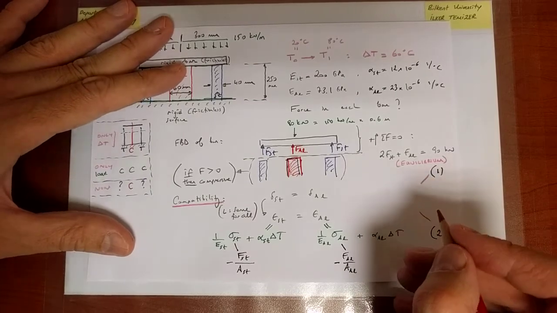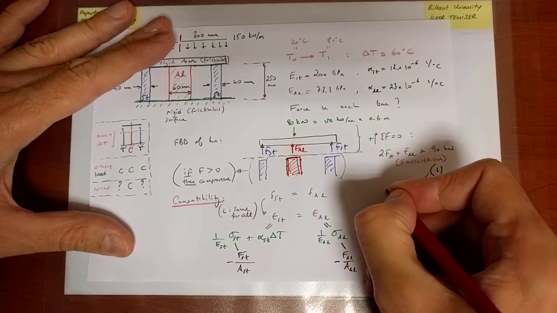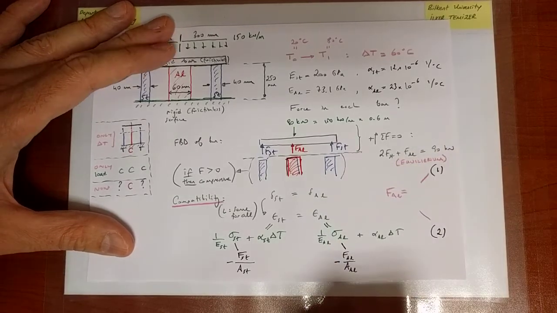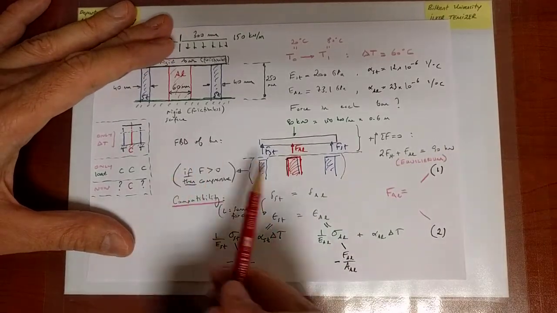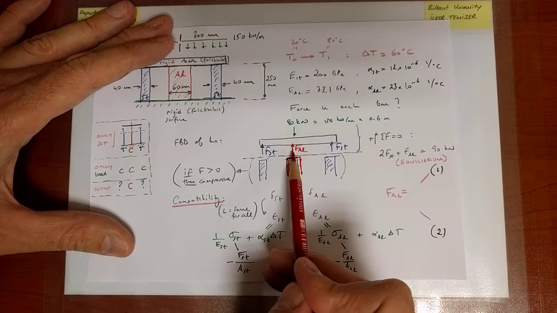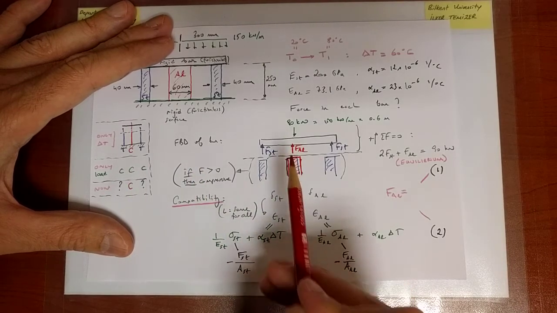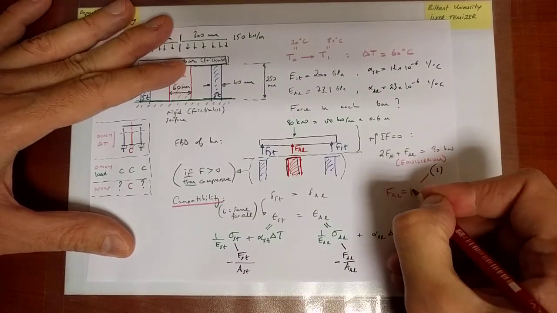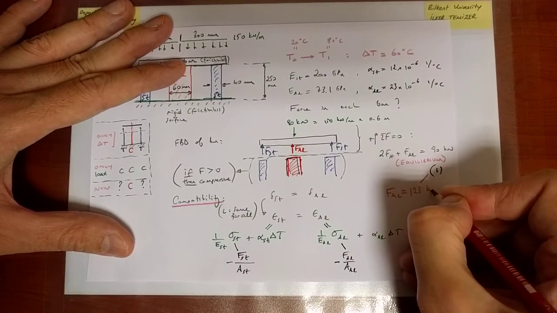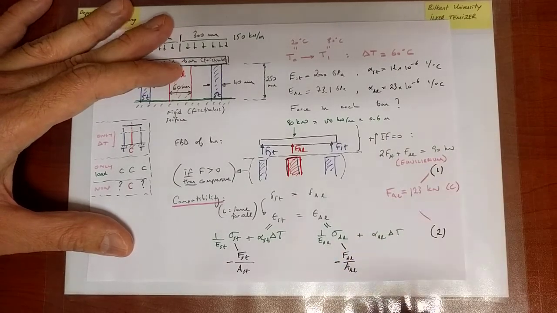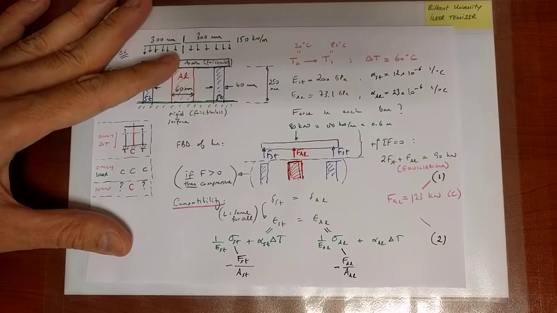the force in aluminum, well, what shall it come out to be? Positive or negative? I already know that it has to come out to be positive because I know it has to be in a state of compression, and by default I chose it to be compressive. So indeed it comes out to be under compression, 123 kilonewtons. Okay, so that is C, and that checks.